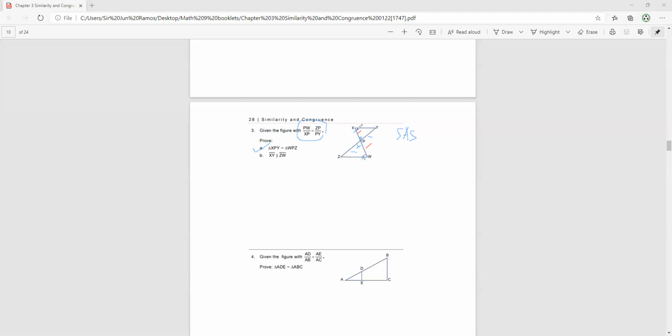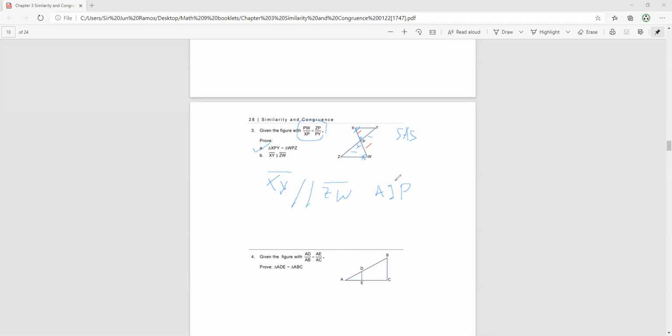And if they are congruent, they are alternate interior angles. Hence, XY is parallel to ZW by AIP: if alternate interior angles are congruent, then the lines are parallel.